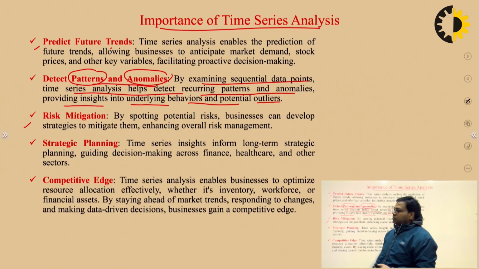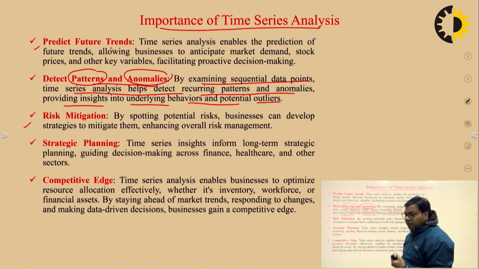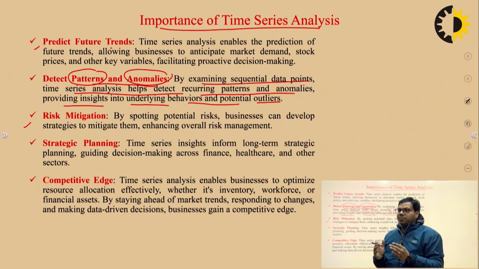Risk mitigation. Yes, analyzing the trends. Suppose we talk about rain prediction. If we have a prediction that it could rain tomorrow, then we can minimize the risk. Like for farmers in a village or country, who have a new crop lying under the sky, due to rain it can be harmed or wasted.